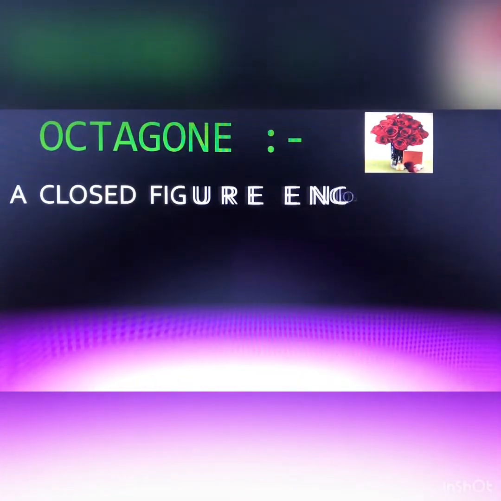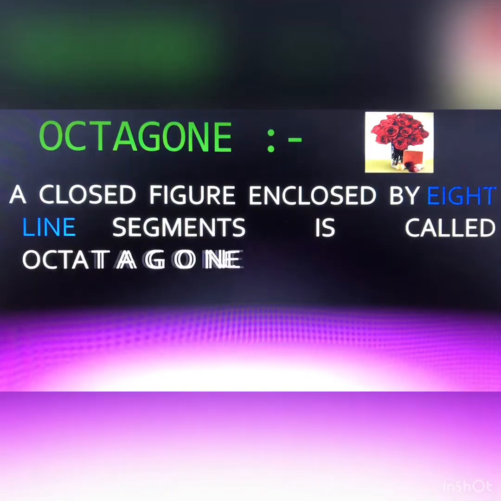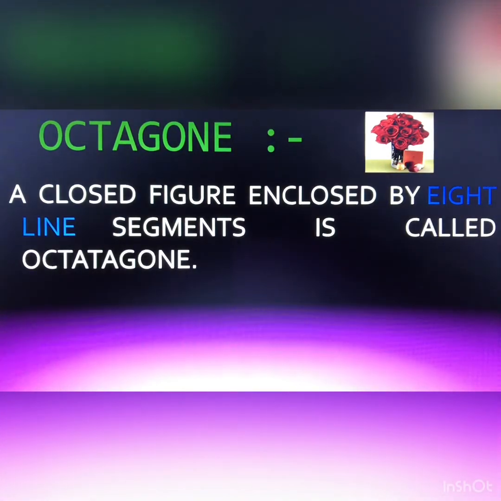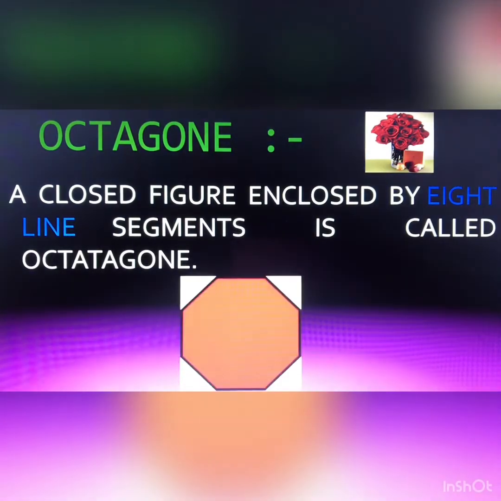Now what do you mean by octagon? A closed figure enclosed by 8 line segments is called an octagon. This octagon has 8 equal sides, so this is a regular octagon. Now nonagon.